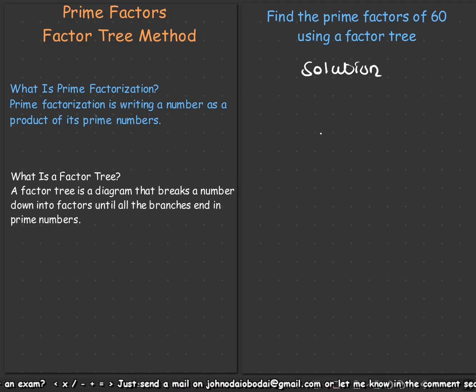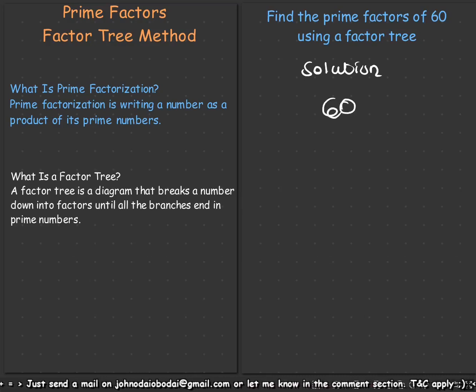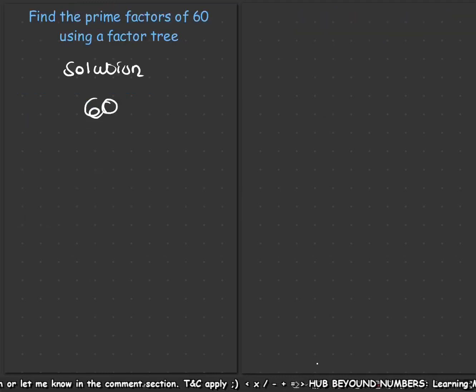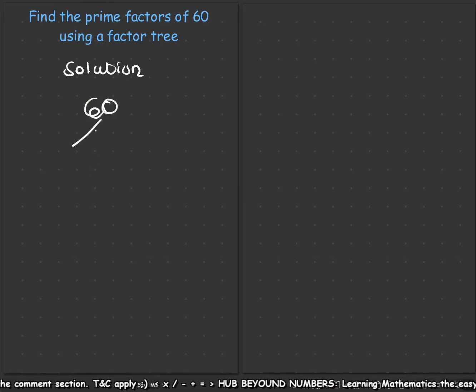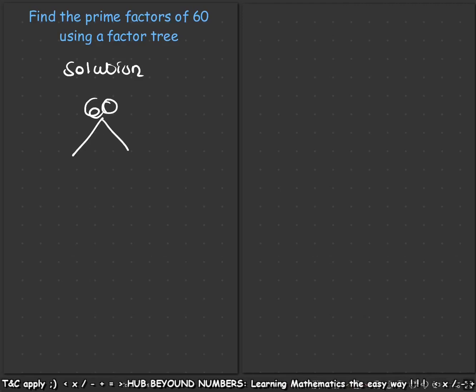We start with 60, and we write our 60 over here. Now, for every number, so far as it is not a prime number, we want two branches attached to that number. So for 60, I'm going to get two branches. With these two branches, any factor of 60 that comes to mind, you write it down.